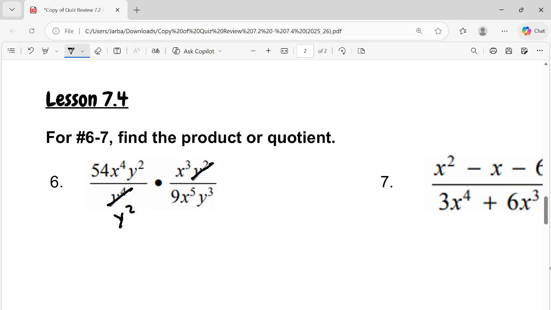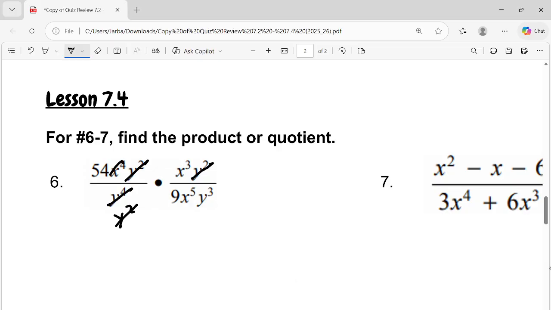Because when you divide, when you're canceling this out, when you take y to the 4th and divide by y squared, you get y squared, right? And then over here, you have a y squared and you have a y squared, so those will cancel out.